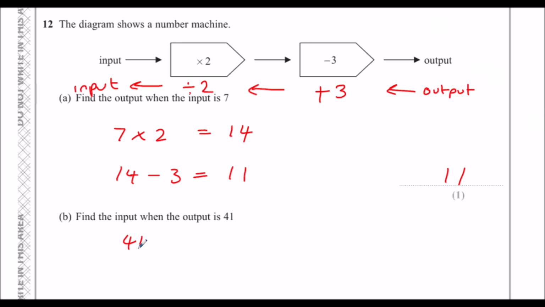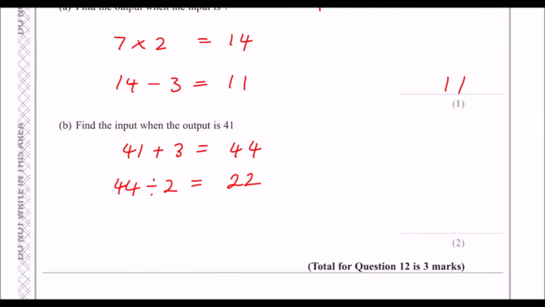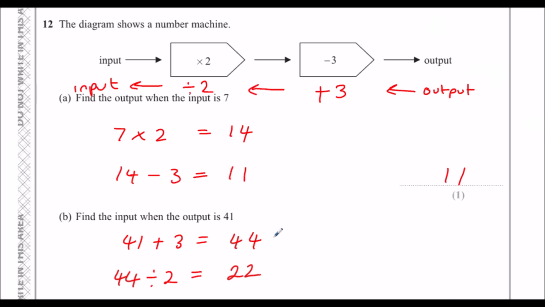So 41 plus 3 is 44. Then we divide by 2. 44 divided by 2 is 22. So the input would be 22. And we could check that by going forwards. So 22 times 2 is 44. Then take away 3 is 41.